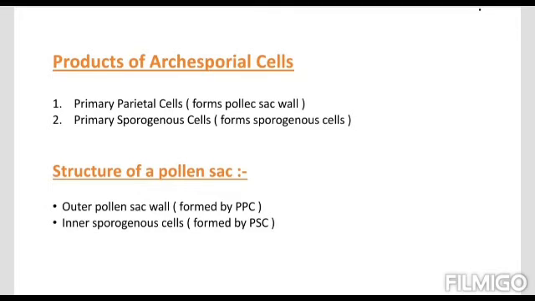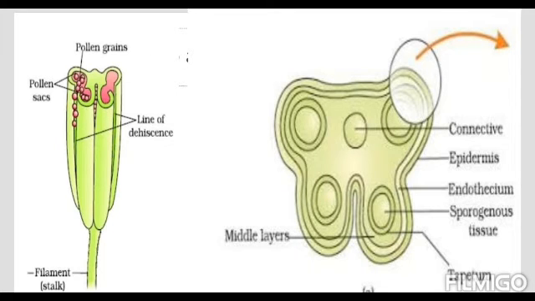The primary parietal cells form the pollen sac wall, while the primary sporogenous cells formed inside divide mitotically to produce many sporogenous cells, which later form microspore mother cells. Thus, a pollen sac develops into 2 parts: the pollen sac wall and the sporogenous cells.